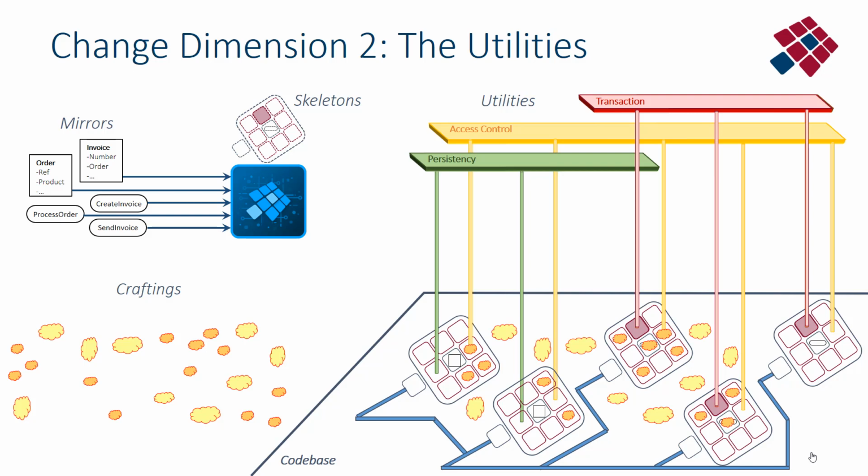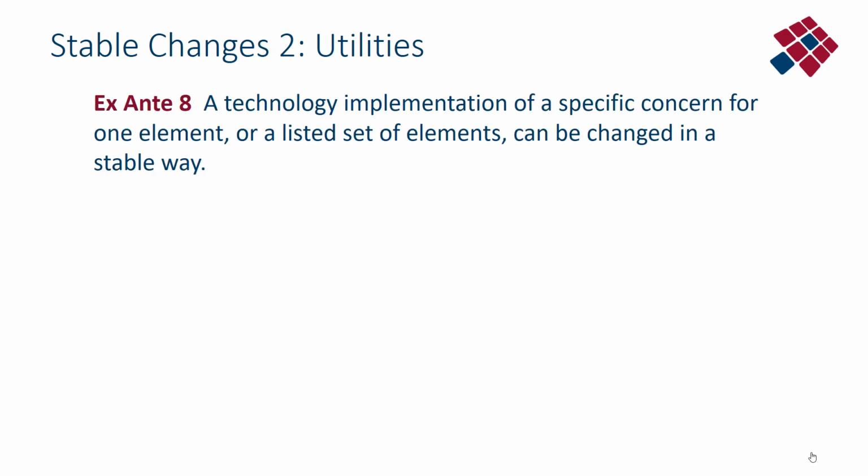And those various classes are located within the element structures, and there are only a limited amount of classes dealing directly with that framework. You could even just, if you have an expansion environment, change the template class which deals with that framework. So the stable changes we guarantee there is that if you have a technology implementation of a specific concern for one element or a listed set of elements, you can change this in a stable way.